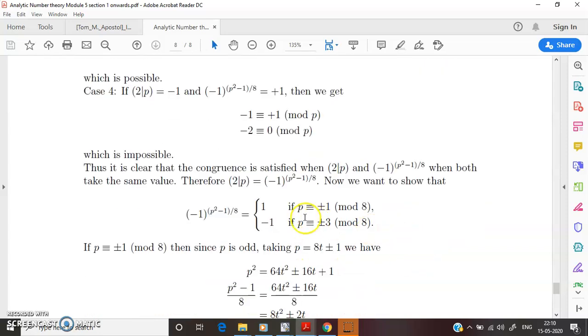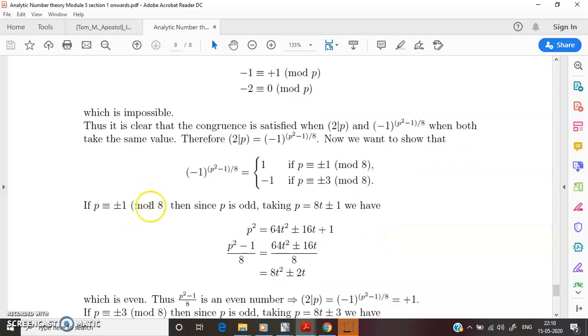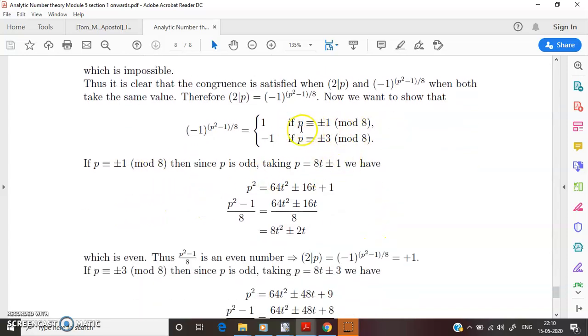Now we have to show that minus 1 raised to (p square minus 1)/8 is 1 if p is congruent to plus or minus 1 mod 8, and minus 1 if p is congruent to plus or minus 3 mod 8. So first we take this part. If p is plus or minus 1 mod 8, since p is odd, we can take p equal to 8t plus or minus 1.